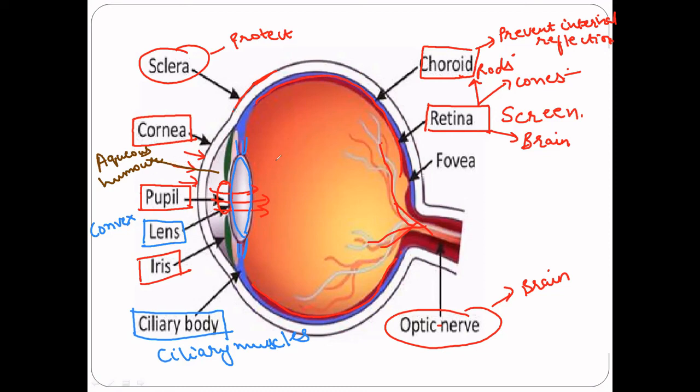And the fluid which is present in the posterior part, behind the lens, is known as vitreous humor. The function of the vitreous humor is to prevent the posterior part of the eyeball from collapsing, and to help in focusing the rays clearly.